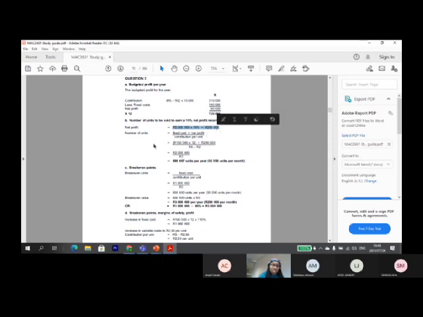The thought process: firstly, like she said, you identify the net profit. 10% of the initial investment, that's 200,000. And then in terms of number of units, you take your fixed cost plus this net profit that you have, but you need to ensure that it's like for like. Like for like means if your net profit is on an annual basis, you need to make sure that your fixed cost is also on an annual basis.